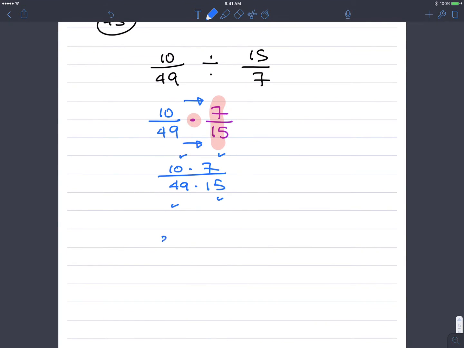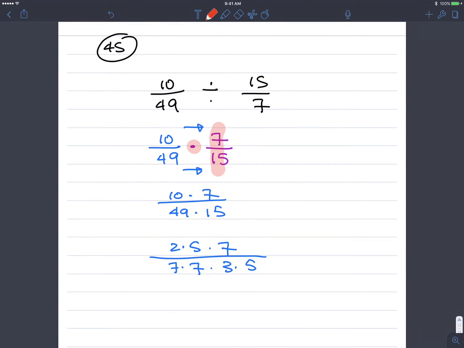10 is written as 2 times 5. Let's write that bigger. Seven is already prime. We can't break it down. 49 is 7 times 7, and 15 is 3 times 5.